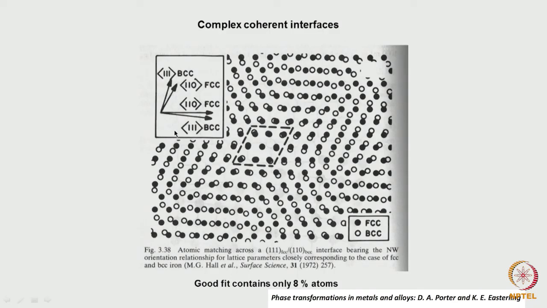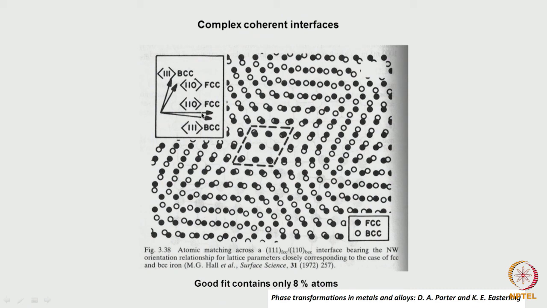Here, if you look at the diffraction pattern, there is a slight change in the orientation between the close pack direction in BCC and the close pack direction in FCC, correct? That's what is being shown here, when these two are forming with the 110 plane of BCC parallel to the 111 plane of FCC.